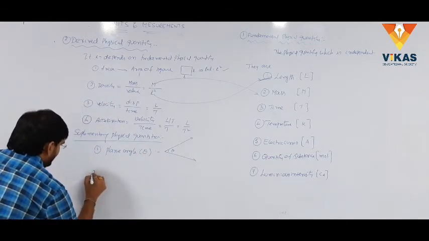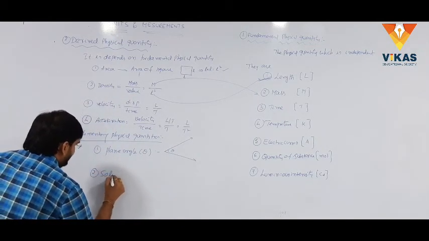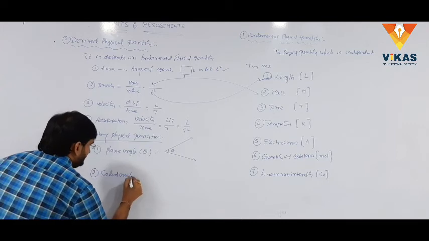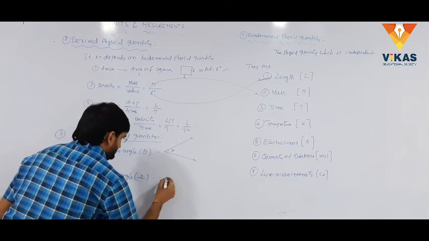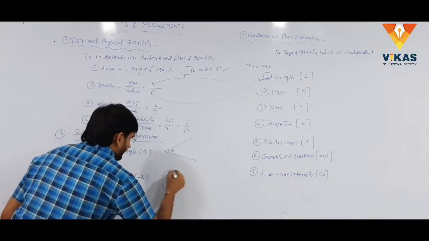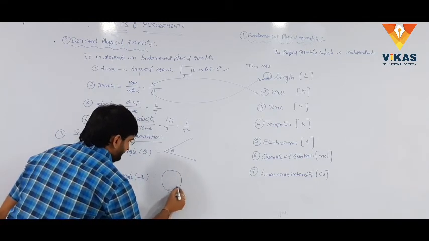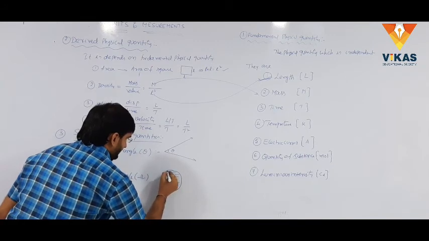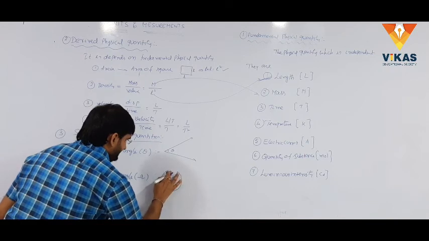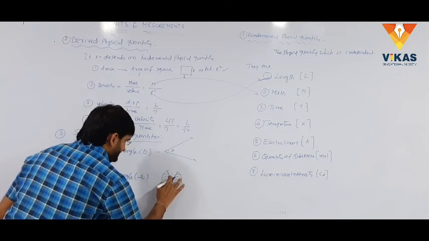The second one is the solid angle, which is omega, which is measured between the arcs of three-dimensional bodies. Simply, this is the sphere, which can be cut into a cone like this.